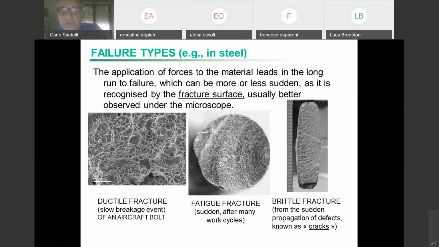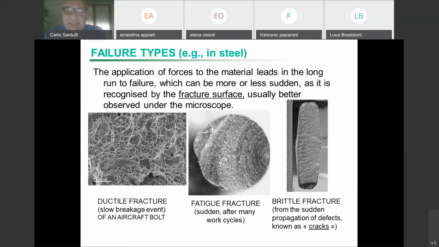It is due to the defect growing slowly, until at a certain point it gives you failure, which again is sudden, but it doesn't occur in a short time; it occurs after a long time of loading and unloading.